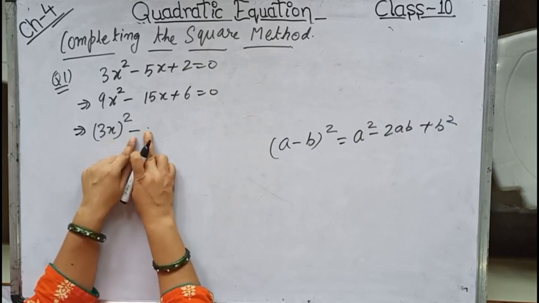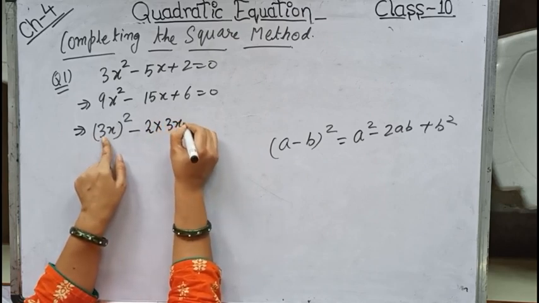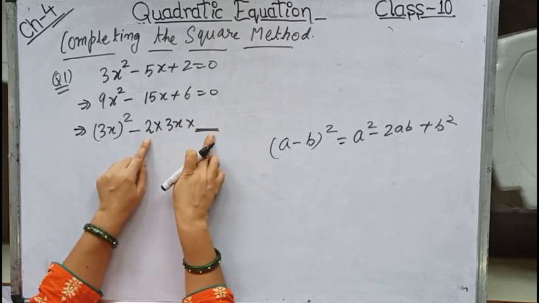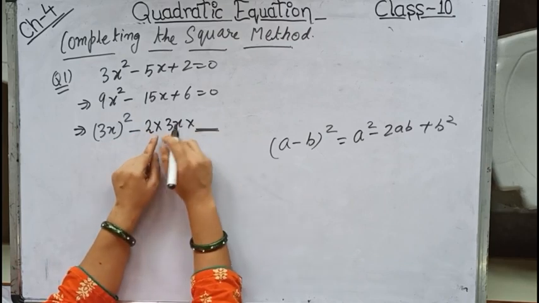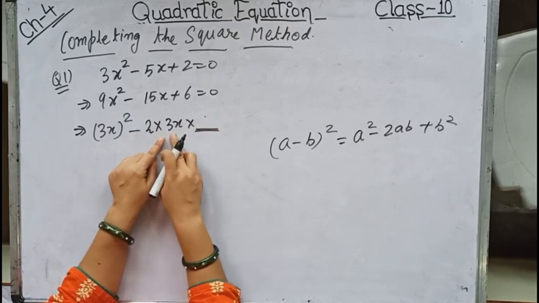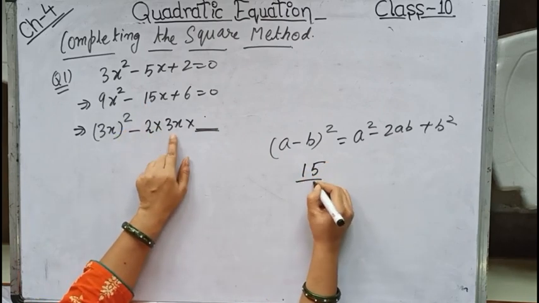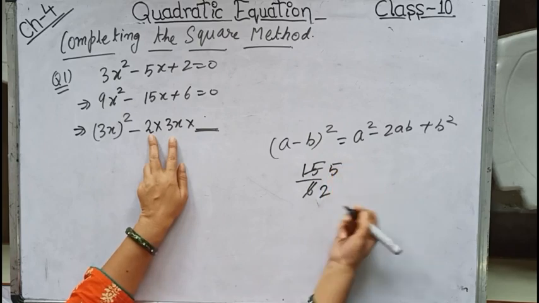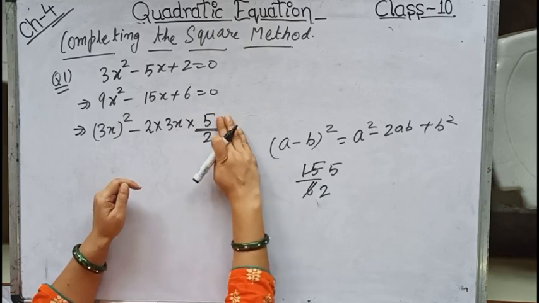Now minus of 2 and a term is 3x. Now what should I write over here so that the product should become 15? If any time you have any problem, divide this 15 by these two terms. So 3 2s are 6 and 3 5s are 15. So I'll be writing over here 5 by 2.